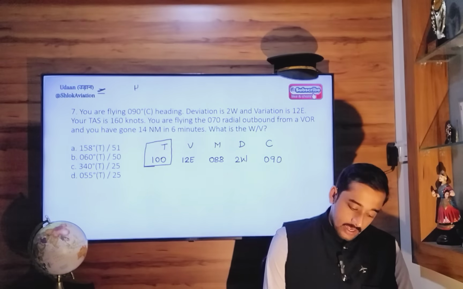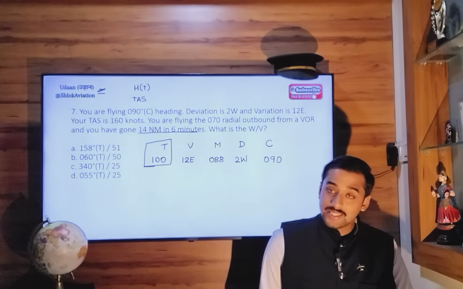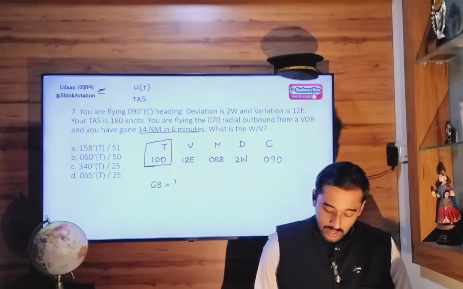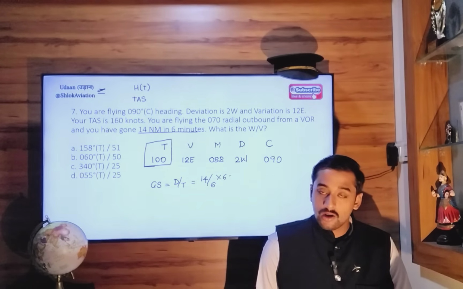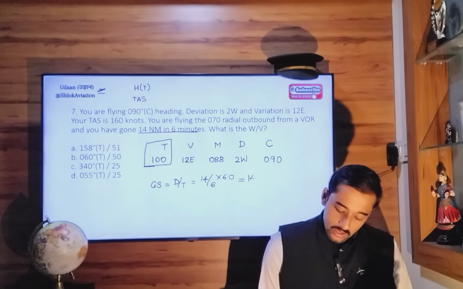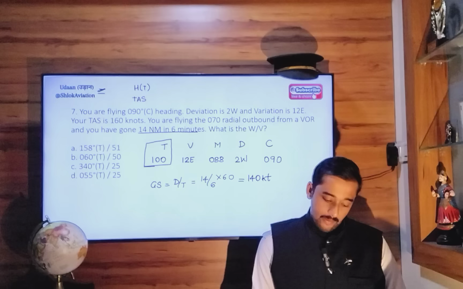You have the task: 14 nautical miles in 6 minutes will give you ground speed. Ground speed is distance by time. 14 divided by 6 into 60 to convert minutes into hours. So 14 into 60 divided by 6 is 140 knots. 140 knot ground speed.